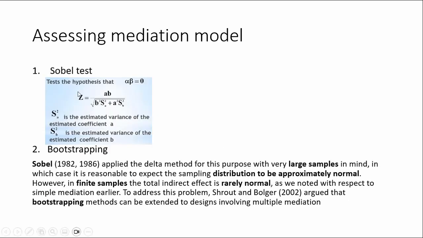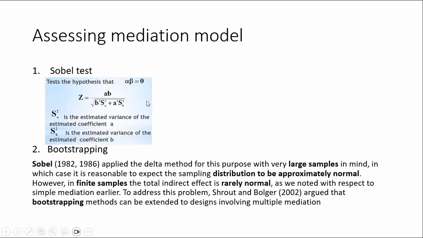How do we assess the mediation model? Is it significant or not significant? The first way, we can use the Sobel test. This is the formula for the Sobel test. Z equals coefficient a multiplied by coefficient b, divided by the square root of b squared times variance a plus a squared times variance b.